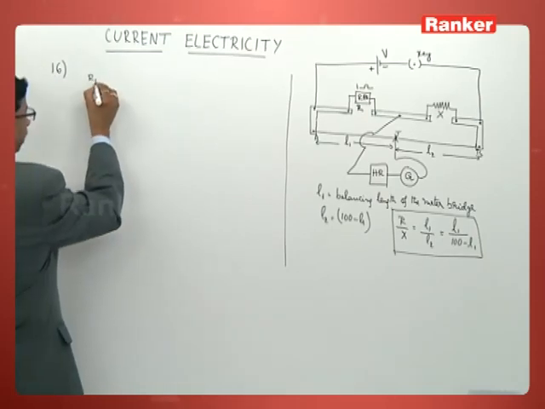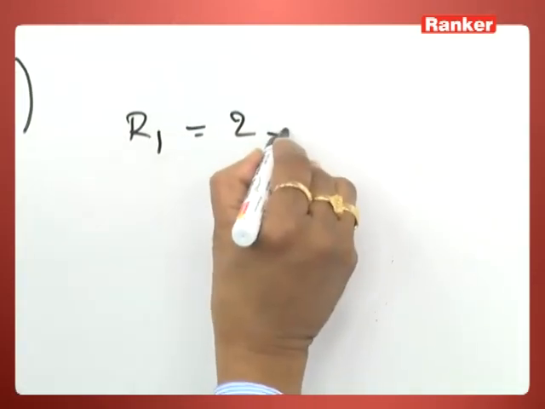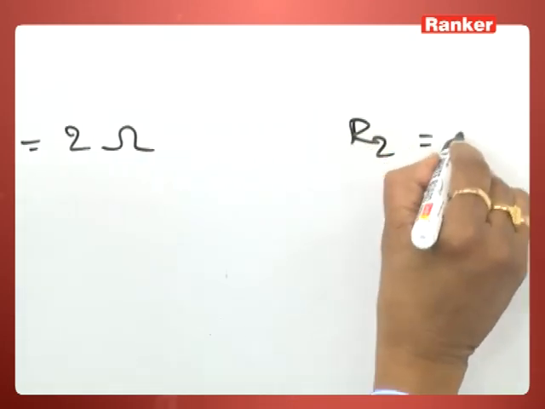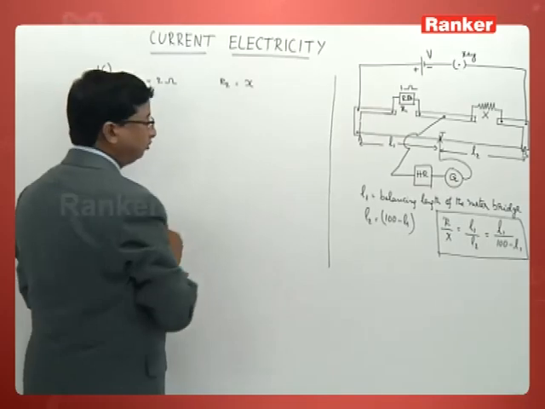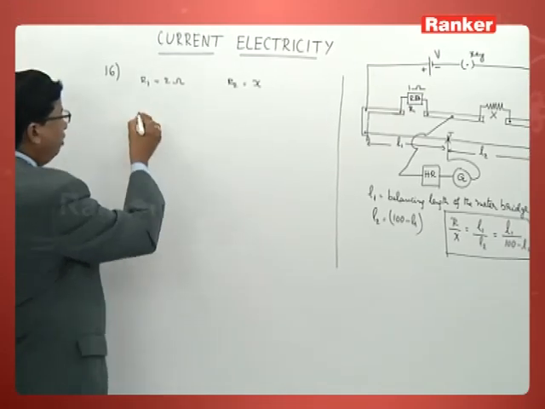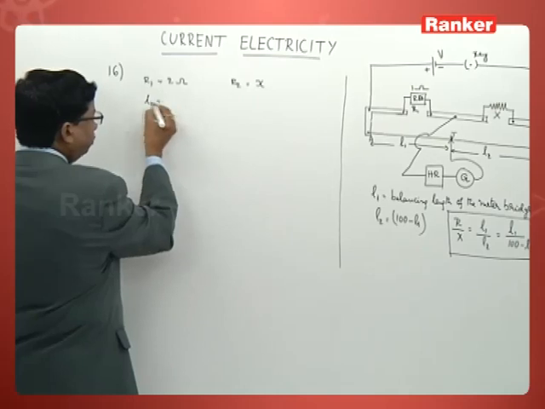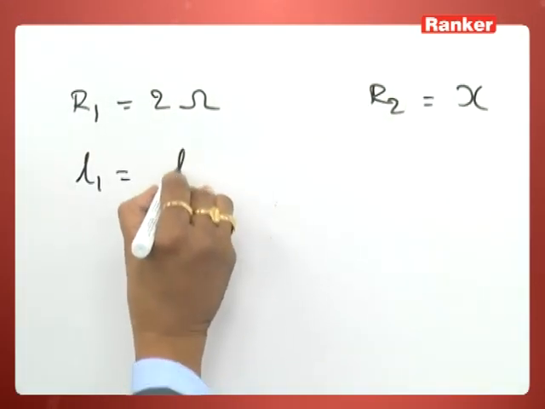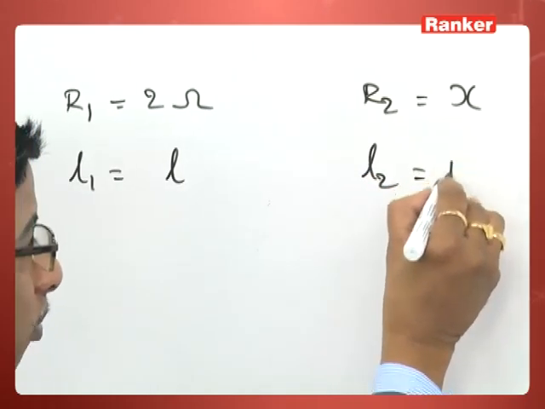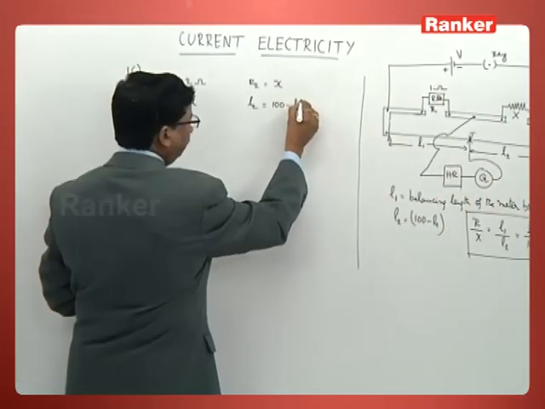So R1 I take as 2 ohm, and R2 I take as X, that is unknown. But you can understand well what is the first length towards left. I take this one as L. Then what will be the second length over here, please? 100 minus L.